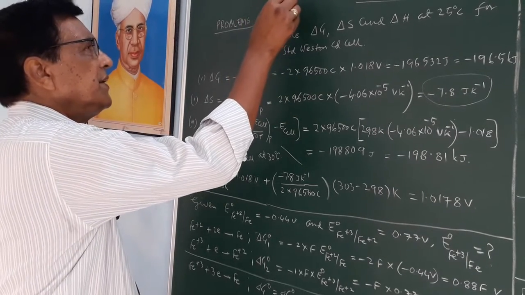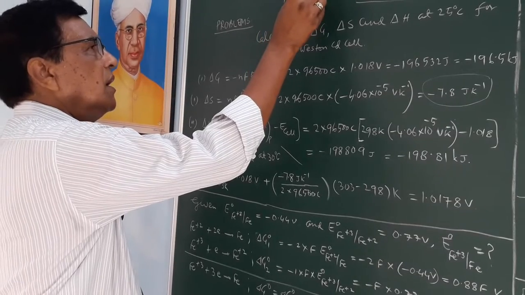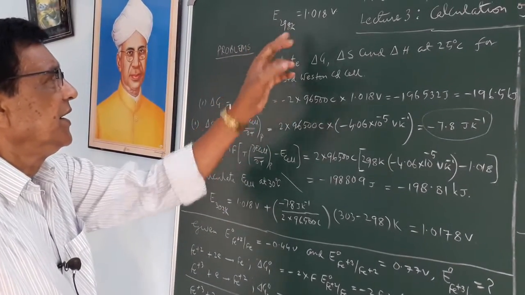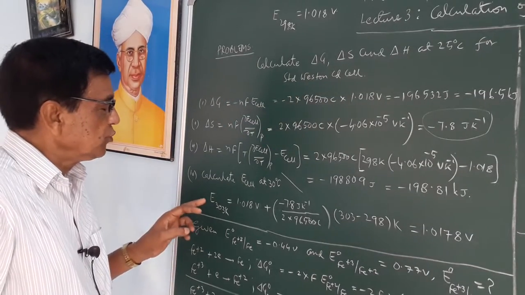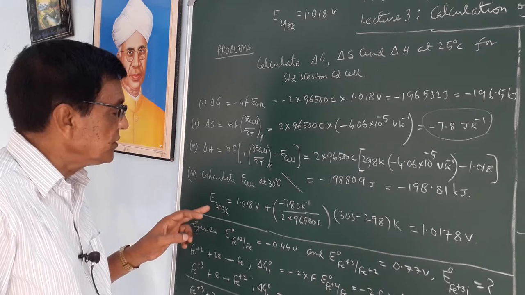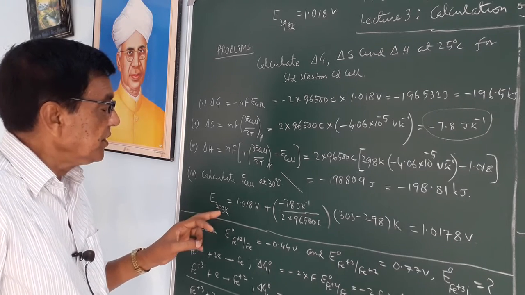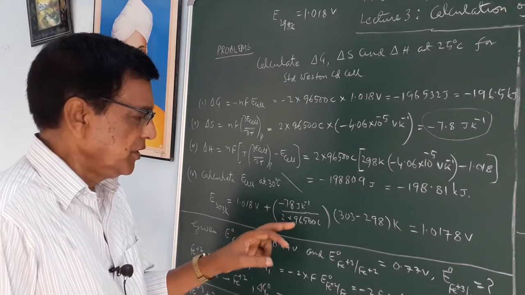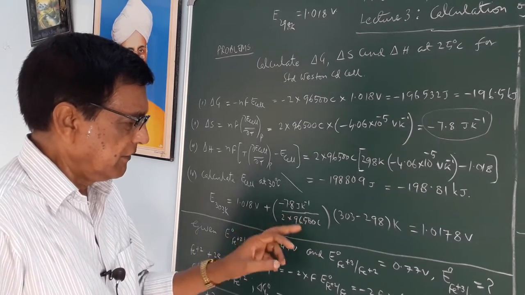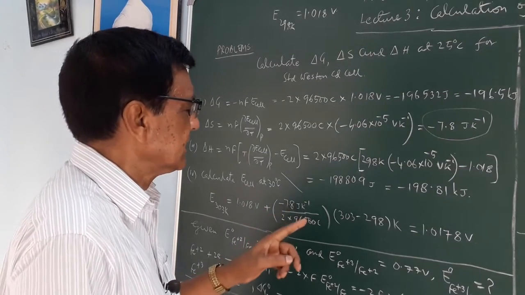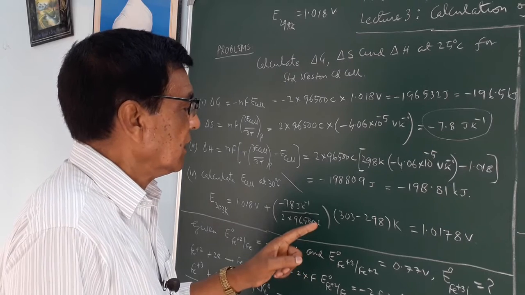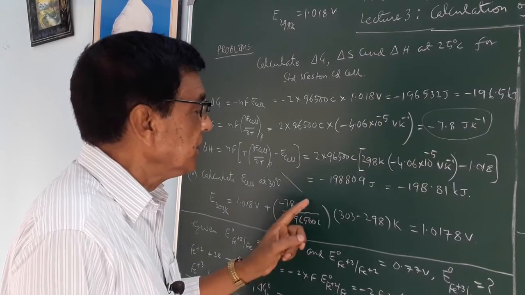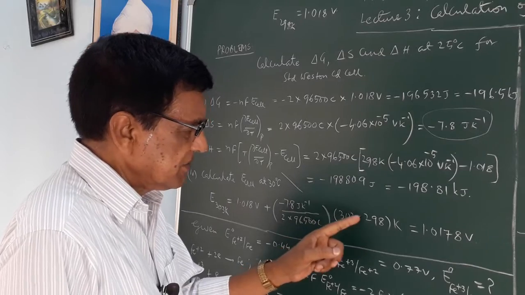And again, if we would like to calculate the cell potential at, suppose, 30 degrees centigrade: E at 298 Kelvin is 1.0188 volt. Given this value at 298 Kelvin, we can calculate the cell potential at 30 degrees centigrade, meaning 303 Kelvin, according to this formula, plus the entropy change over 2F, with joule per Kelvin divided by coulomb giving volt per Kelvin, times 303 minus 298 Kelvin.